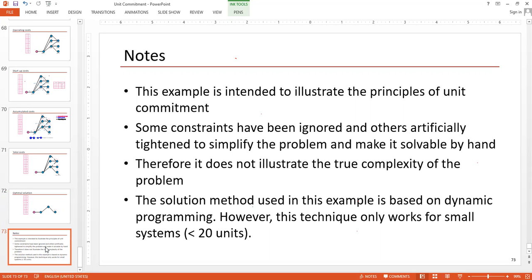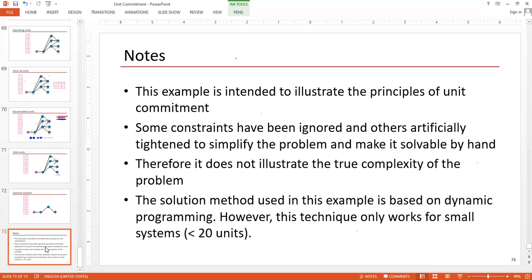Some constraints are ignored and some are simplified, like we are only considering a fixed startup cost, and our production cost, or actually the fuel cost or the operational cost function, is also simplified. Okay, y equals mx. We have just done it to help ourselves solve this problem by hand calculation.